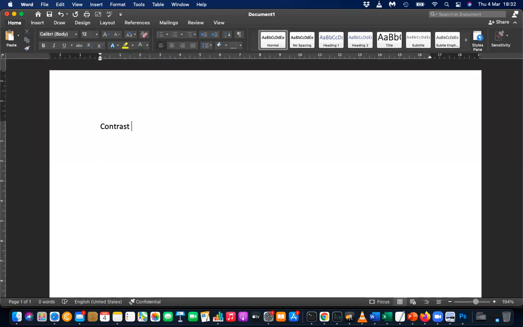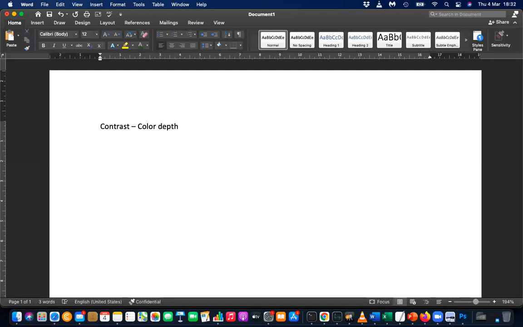Contrast means color depth. So computers use COLOR, the American spelling. COLOUR will be treated as an incorrect word, but you have to remember both. Our computers will use COLOR.